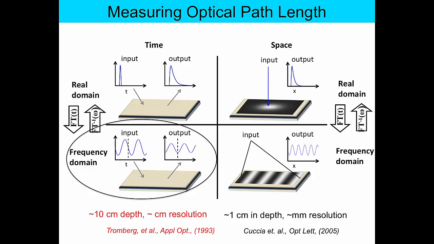In the temporal frequency domain, because we have probes contacting the tissue, a source and a detector in contact with the tissue, you can probe several centimeters. In reflectance geometry, you're typically looking at about a couple of centimeters deep into tissue, depending upon your source detector separation.